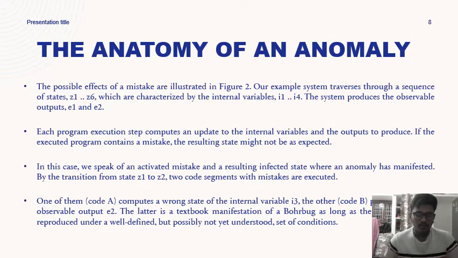One of them computes a wrong state of internal variable I3, and the other, code B, produces a wrong observable output E2. The latter is a textbook manifestation of a Bohr bug, as long as the anomaly can be reproduced under a well-defined but possibly not understood set of conditions.